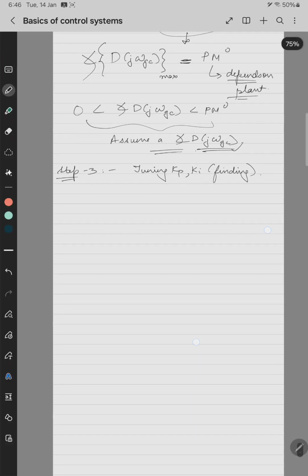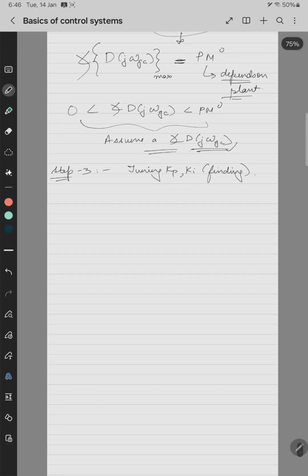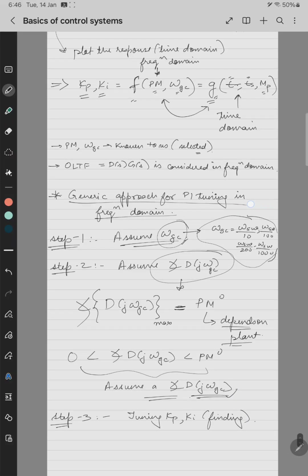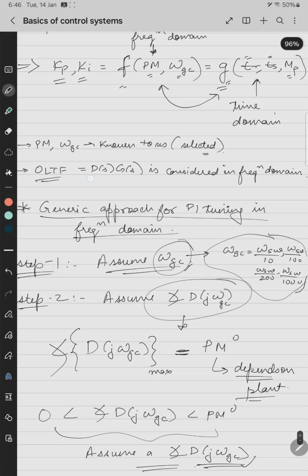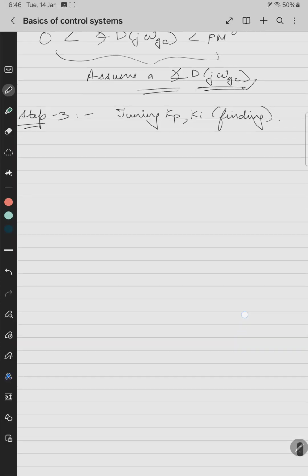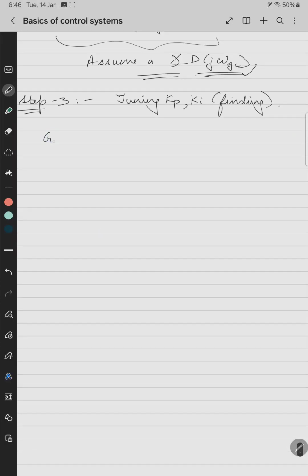Then comes the crucial step 3. As I said, for tuning PI parameters in a frequency domain analysis, you take the OLTF, that is this into this. So I'll write G open loop of S, that is D of S into G of S. What is D of S?